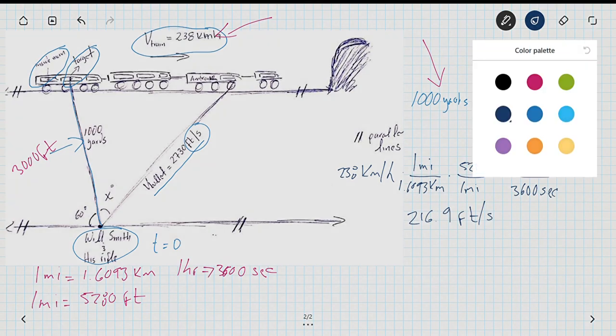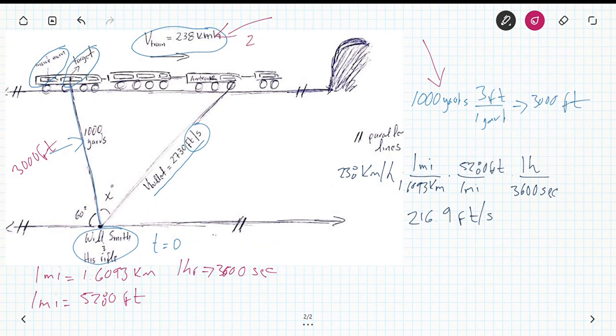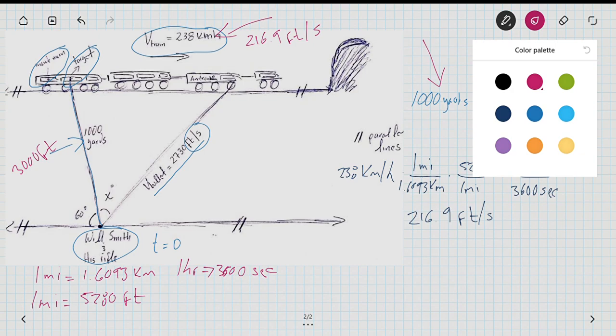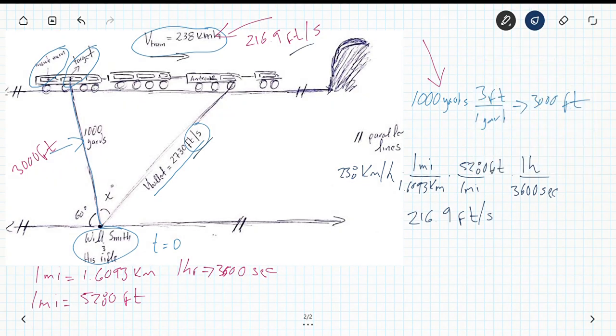So now we want to change this into 216.9 feet per second, and now we have units that basically only use feet and velocities that deal with feet per second. So right now we're okay.